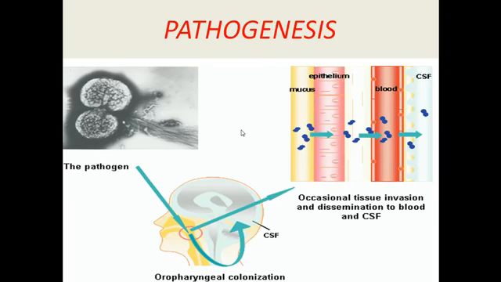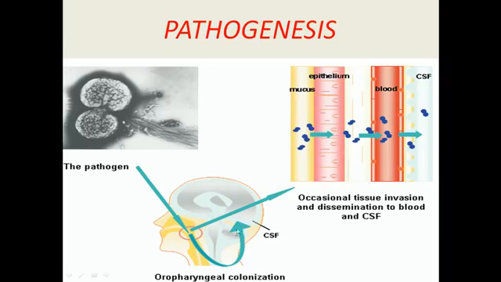To explain a CSF report, we have to understand the basic microbiology and pathology of cerebrospinal fluid. Here is our oropharyngeal site from where an infection can enter the CSF.